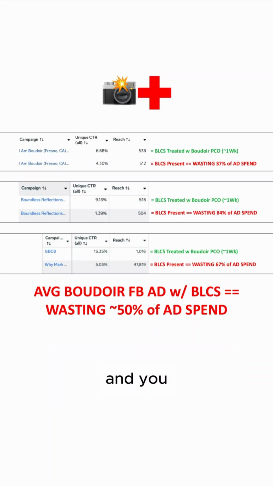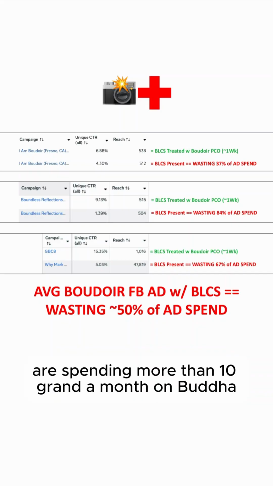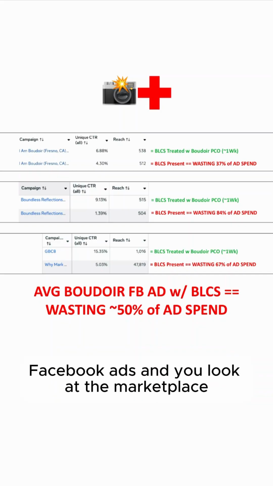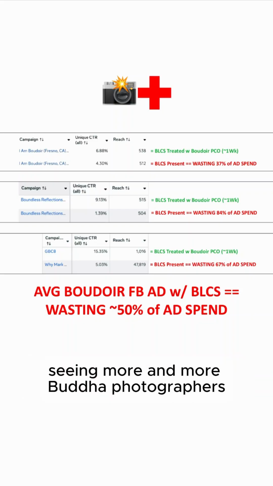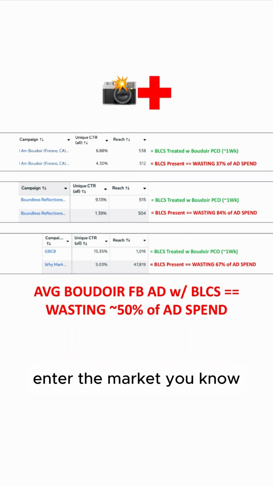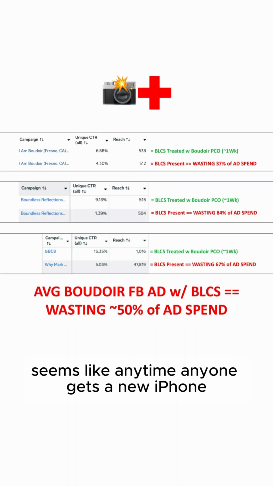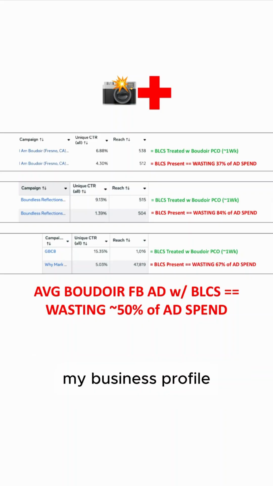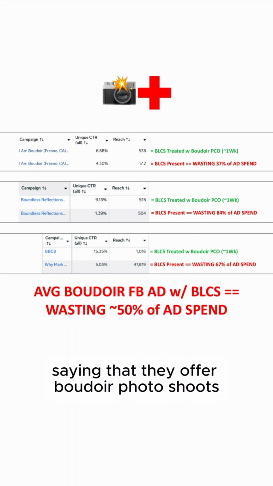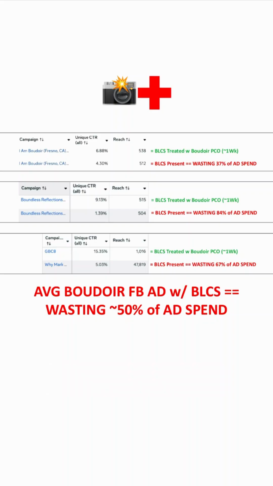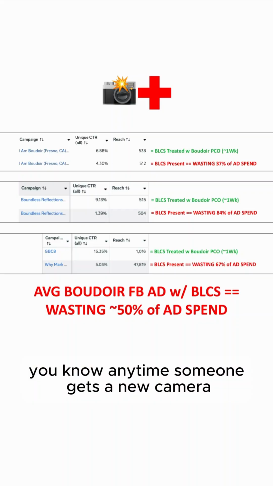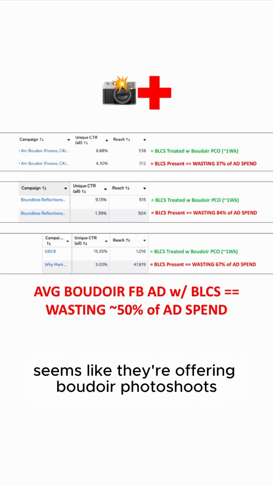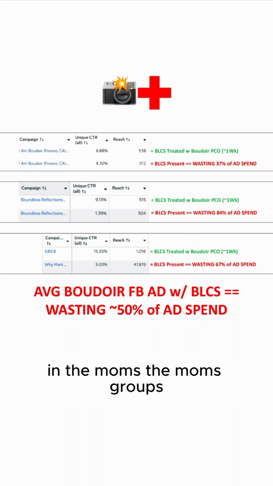And you are spending more than 10 grand a month on Boudoir Facebook ads, and you're looking into the marketplace, seeing more and more Boudoir photographers enter the market, seemingly every day. Seems like anytime anyone gets a new iPhone, they're throwing up a Google My Business profile saying that they offer boudoir photo shoots, and anytime someone gets a new camera, it seems like they're offering boudoir photo shoots in the moms groups.